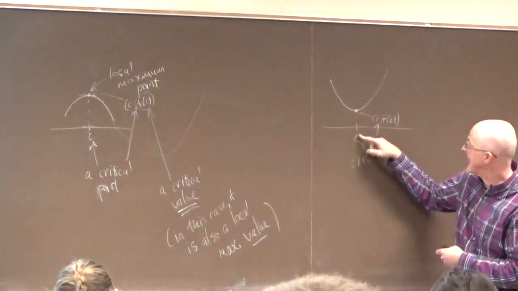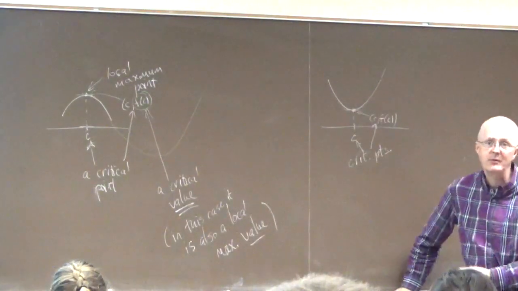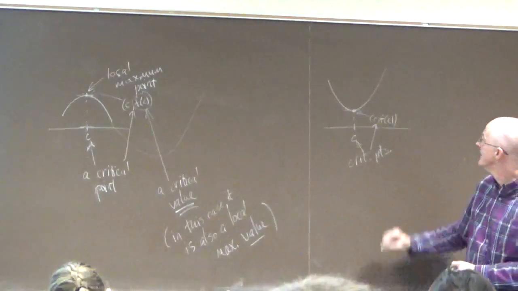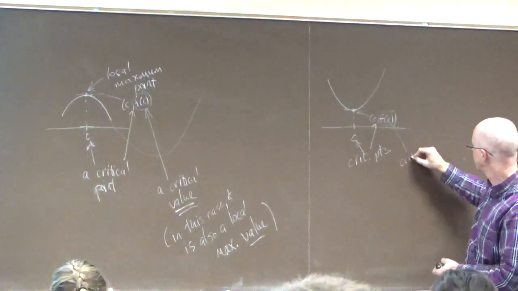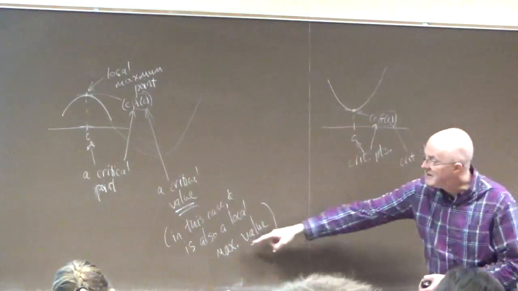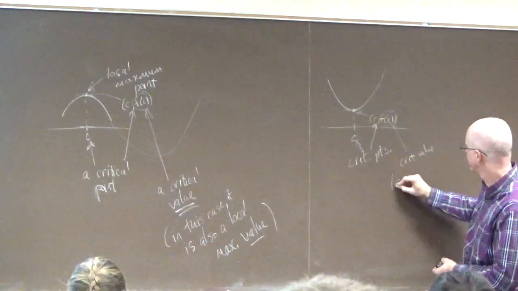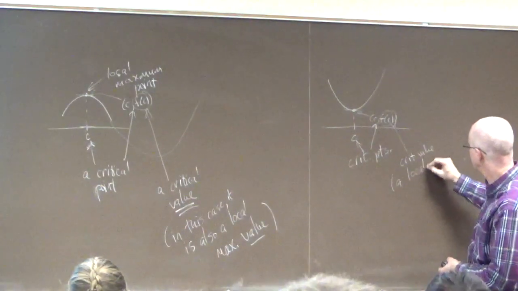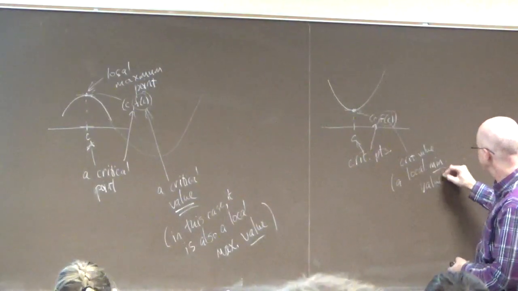Both the number C and that point, that's the low point here where the tangent is horizontal, are both called critical points. F of C itself would be a critical value, again. But now you would say it's a local min value instead of a local maximum value. A local minimum value in this case.